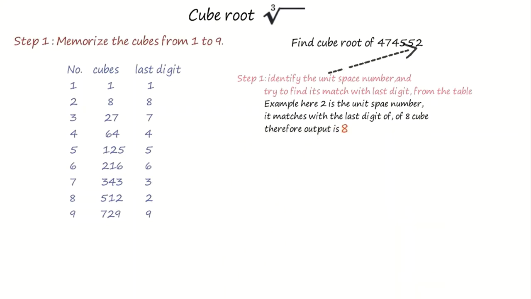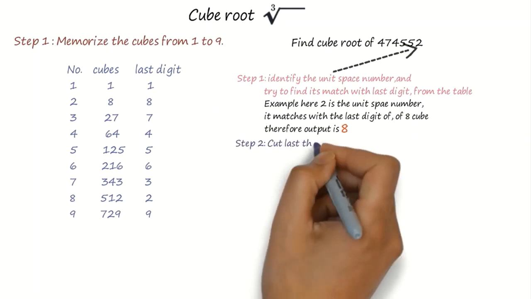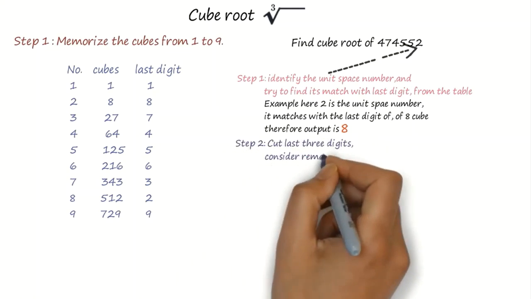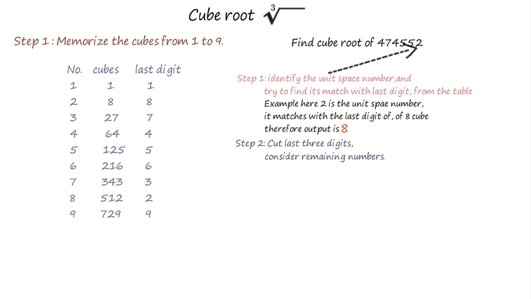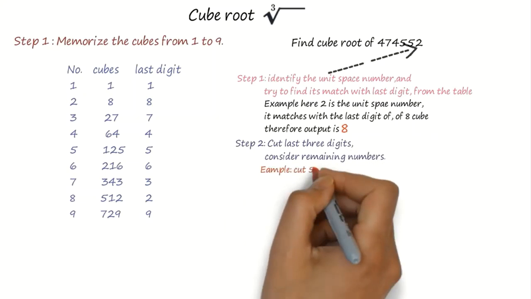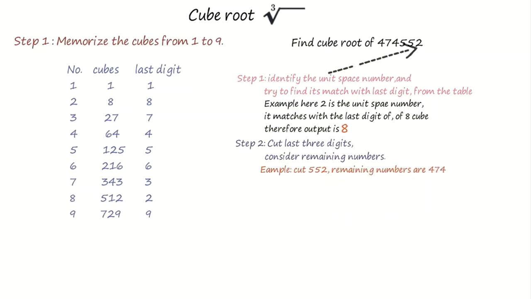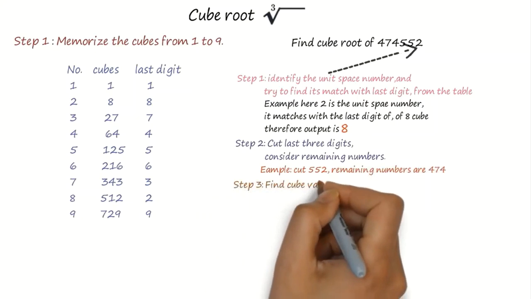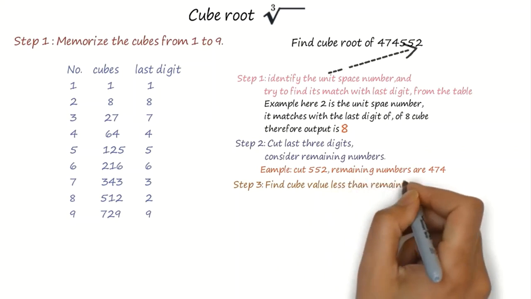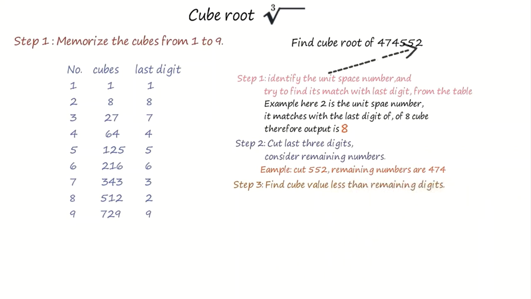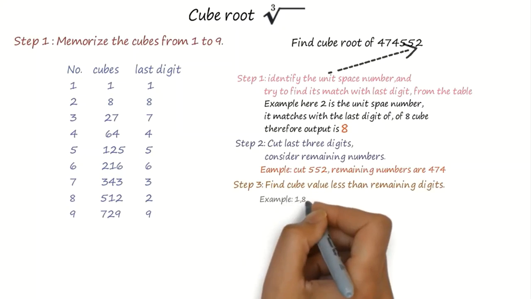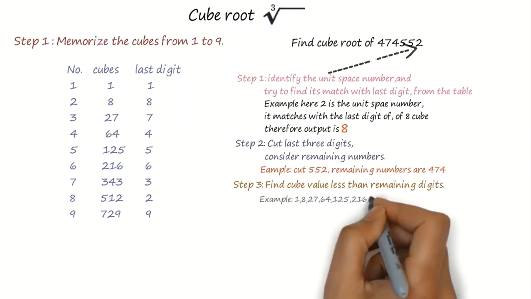Now step 2 is to ignore the last 3 digits and just consider the remaining numbers. So here we will ignore 552 and consider 474. Now find out from the table cube values which are less than 474. So here 1, 8, 27 up to 343, all cube values are less than 474.